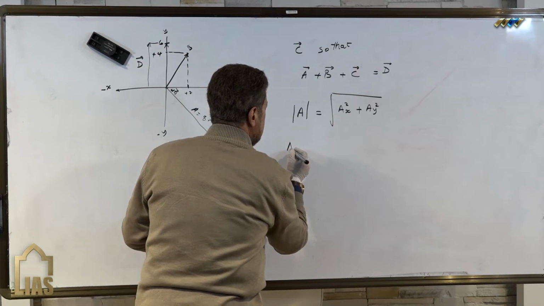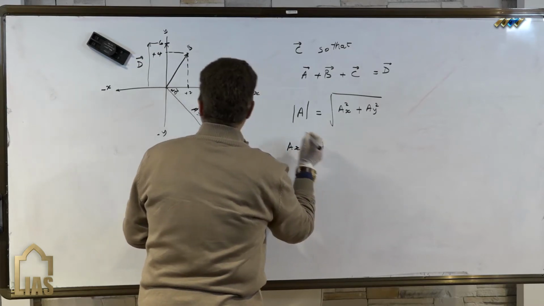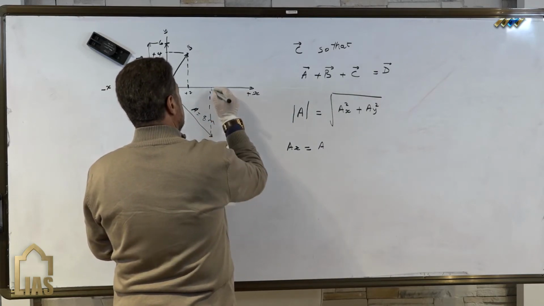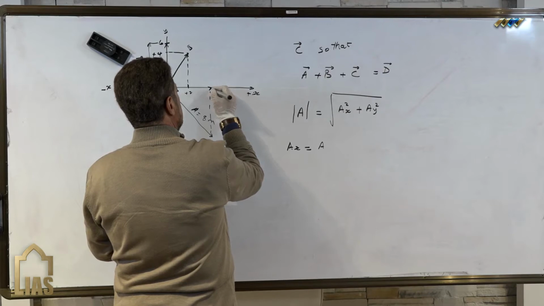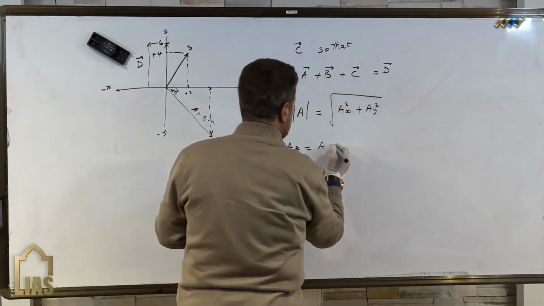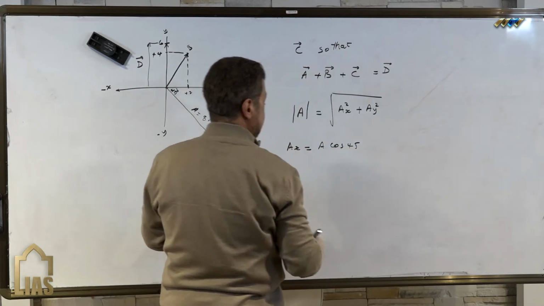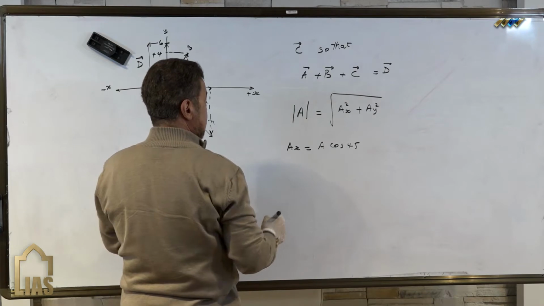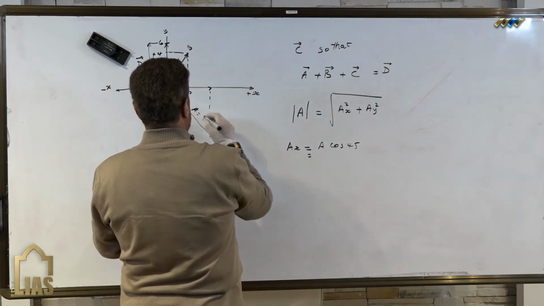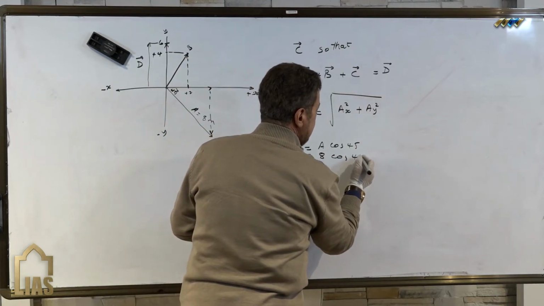AX is equal to A cosine 45, okay, which is 8 cosine 45 degrees.